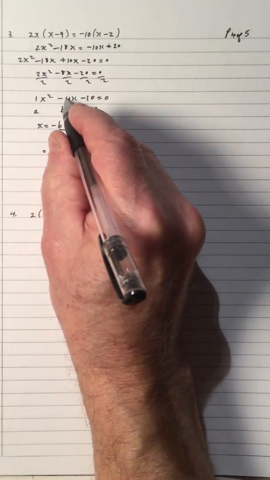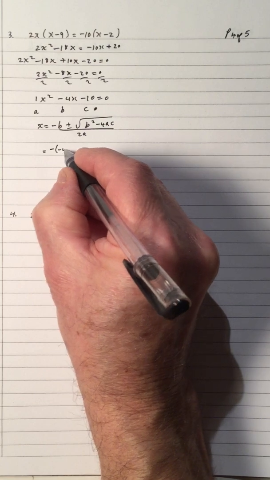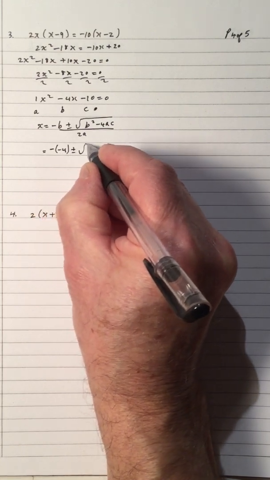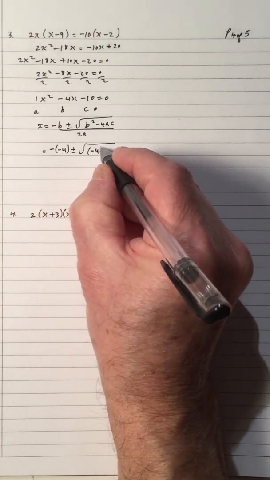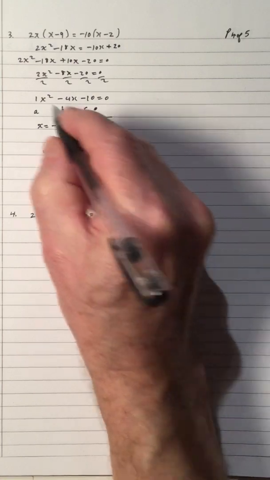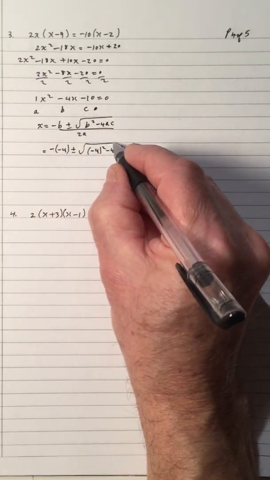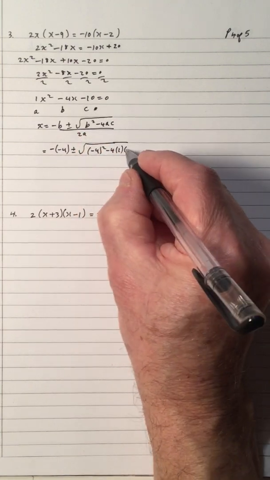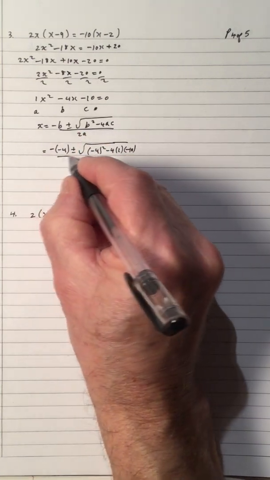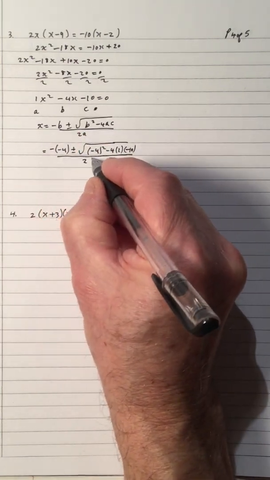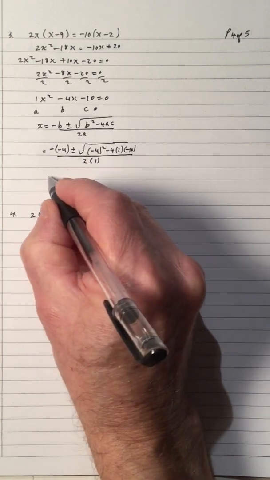So b is negative 4, so it's the negative of a negative 4, plus or minus negative 4 squared minus 4, A is 1, C is negative 10, all over 2 times A, which is 2 times 1.